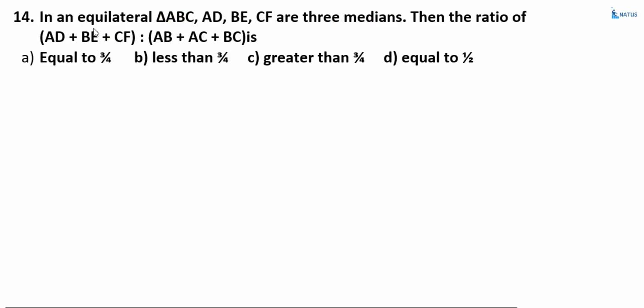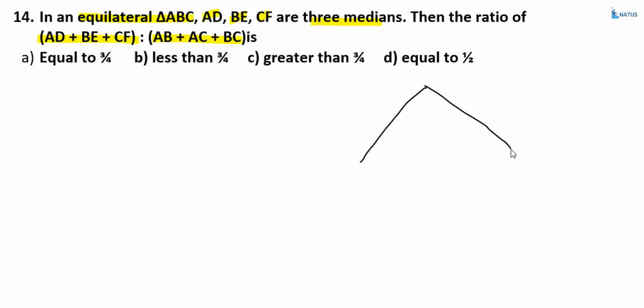14th question. In an equilateral triangle ABC, AD, BE, CF are 3 medians. Then the ratio of AD plus BE plus CF to AB plus AC plus BC is. Now, one equilateral triangle like this, A, B, C, and the medians go to the midpoint of the opposite side.